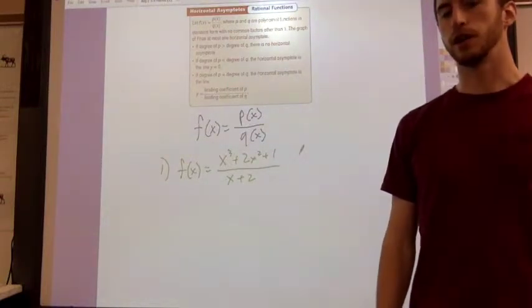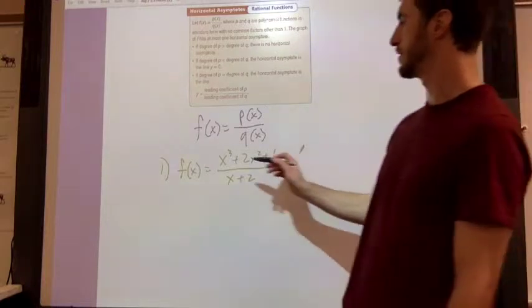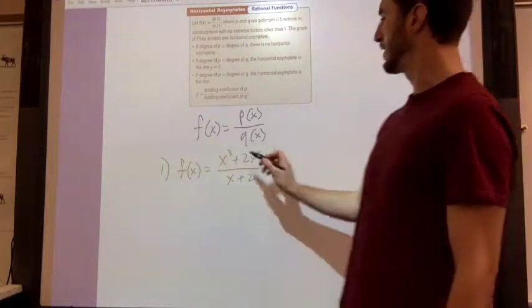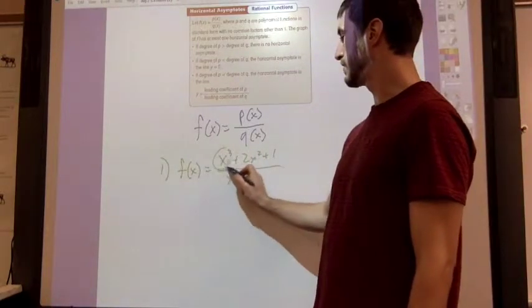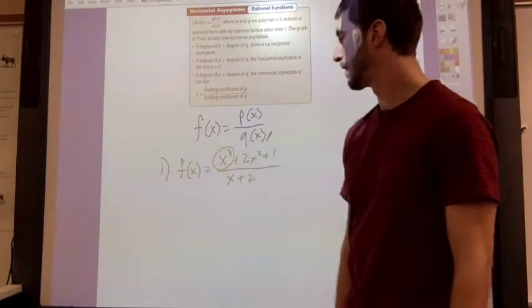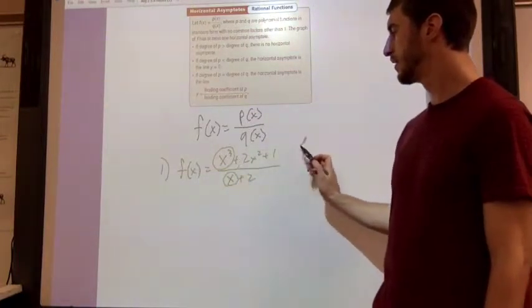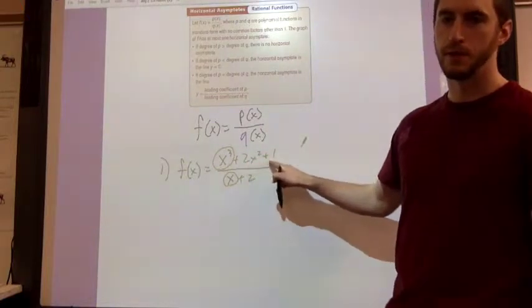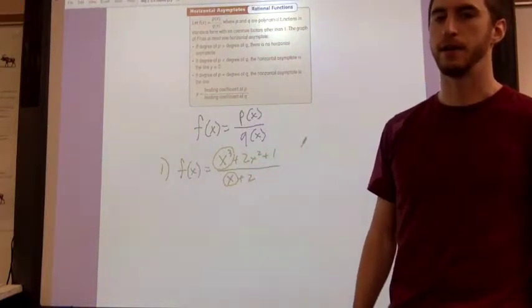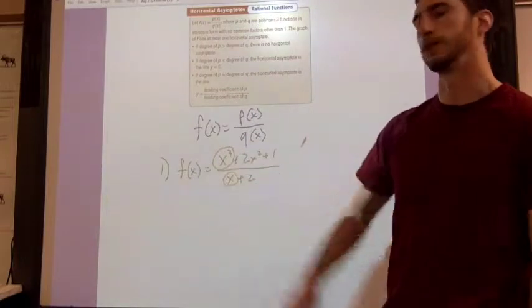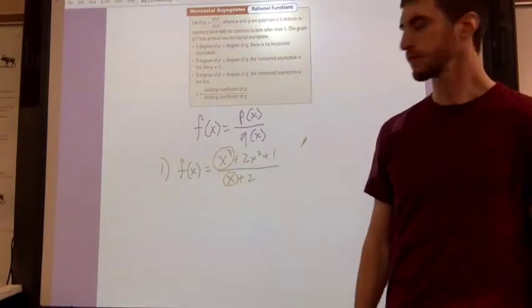You always want to look for the leading power. So in this case, my leading power on the numerator is this x cubed right here. Okay, and my leading power in the denominator is this x. These ones, they're not going to matter in comparison with your leading power.